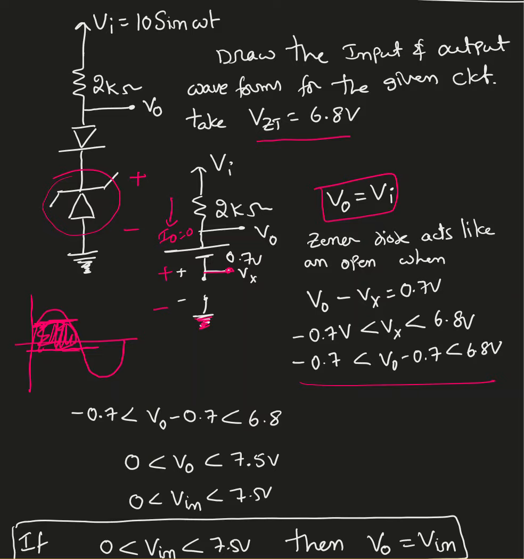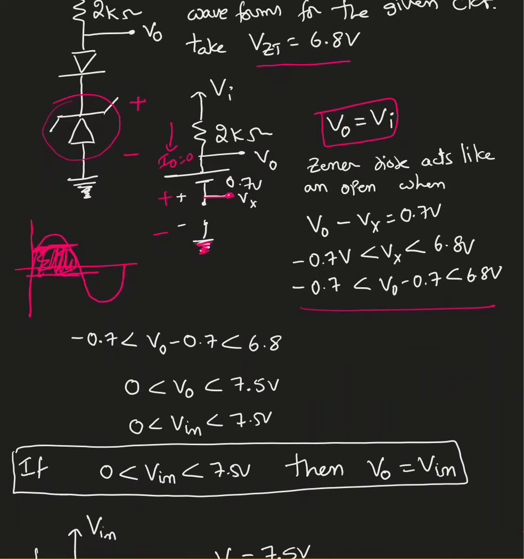Based on this, V naught minus Vx equals 0.7. I substitute Vx equals V naught minus 0.7, and end up with a range between 0 and 7.5. My output is equal to this.